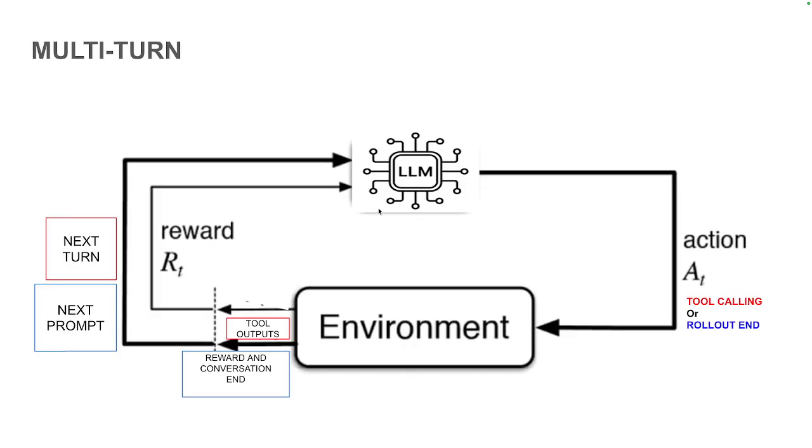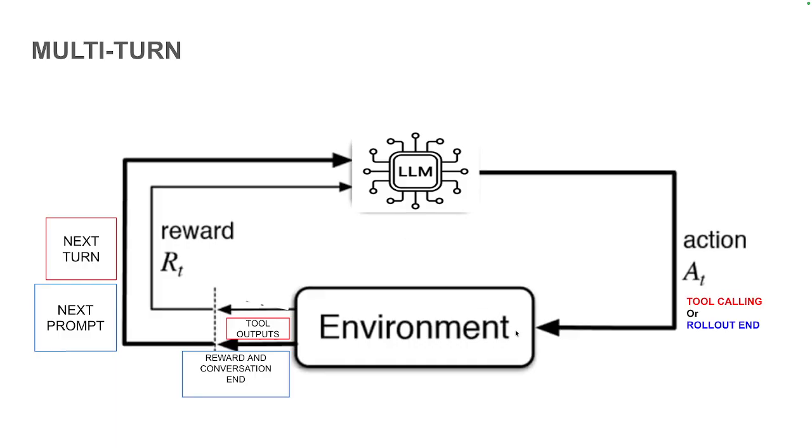Here, I'm just repeating the traditional RL setup. You have a language model, and it takes an action. Either it can do a tool call, where it can call a Python interpreter or an API, and the environment will be responsible for getting the tool outputs and passing them in the next turn to the language model.